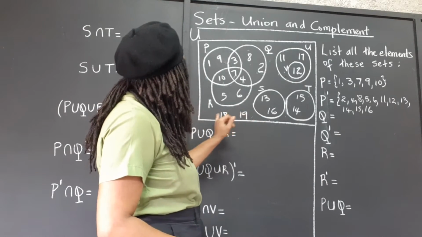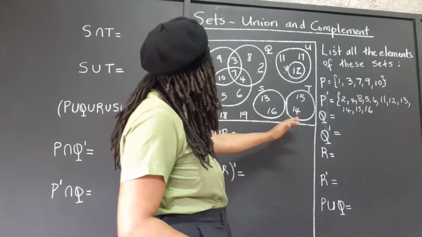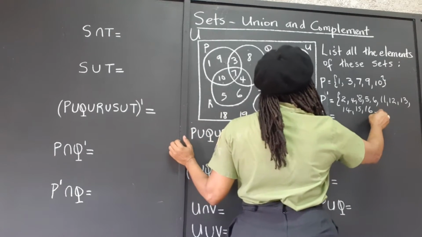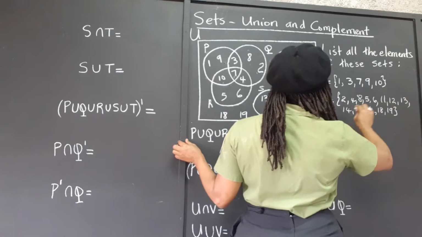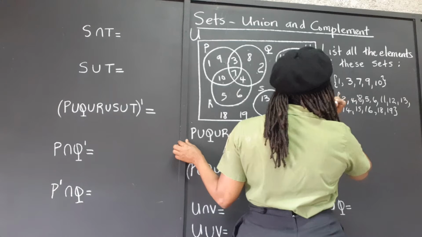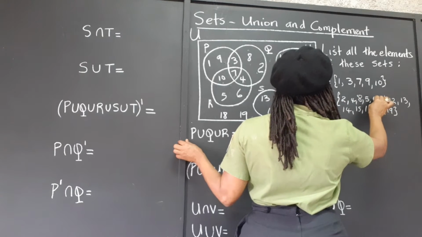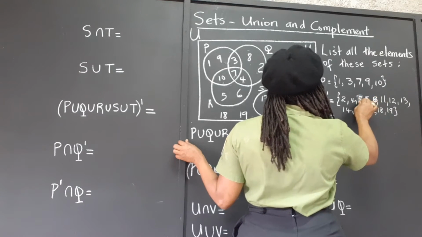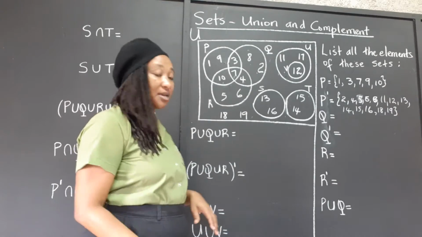Now, these are not members of any of the sets. They are part of the universal set, but outside of these. They are still listed in P complement. So let's just switch around these to put them in order. So let's put the 8, the 6, and the 5. Okay, so those are the members of P complement.